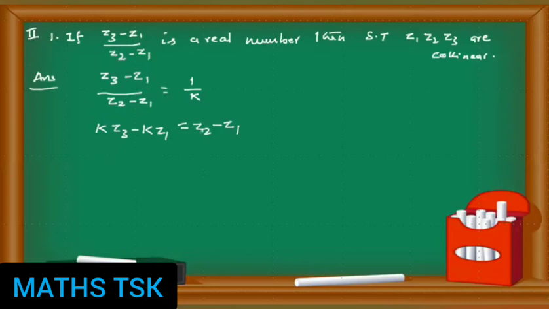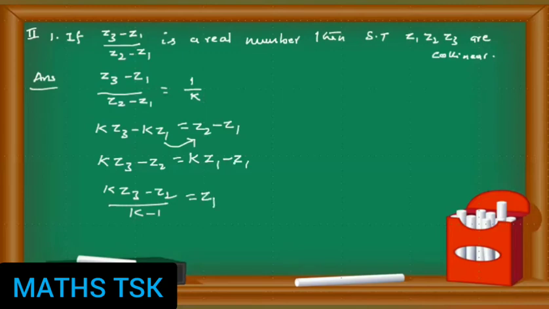So k z3 minus z2 is equal to k z1 minus z1. So (k z3 minus z2) by (k minus 1) is equal to z1. If you take z1 common, it is k minus 1.